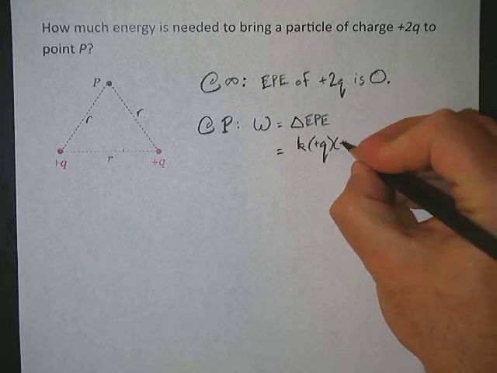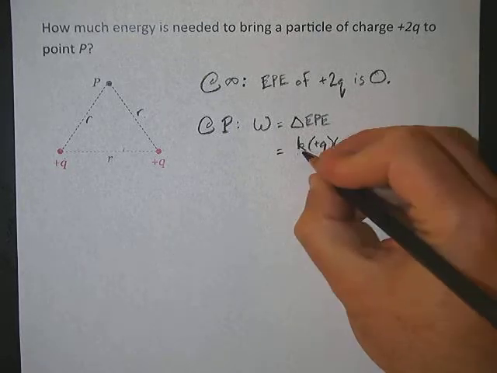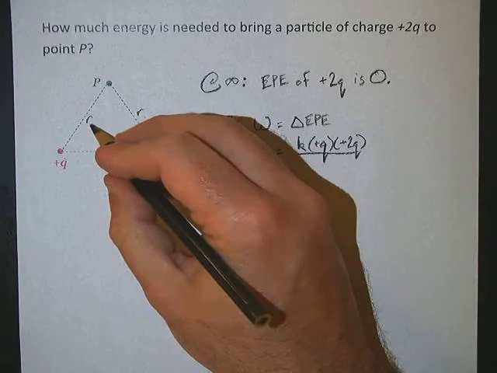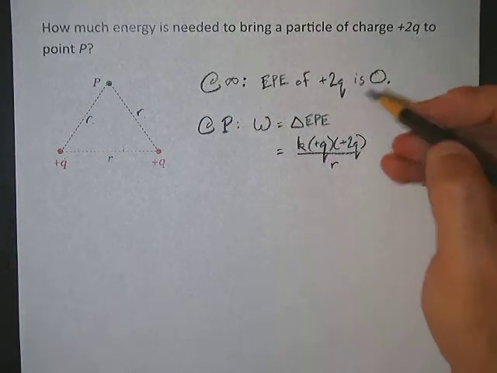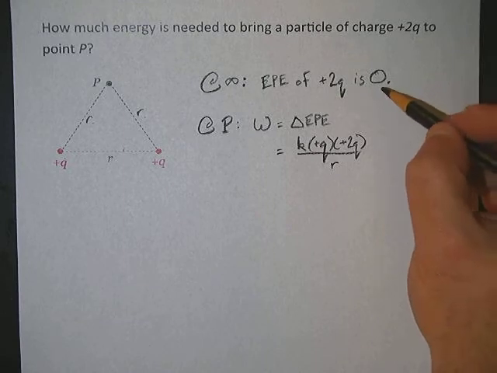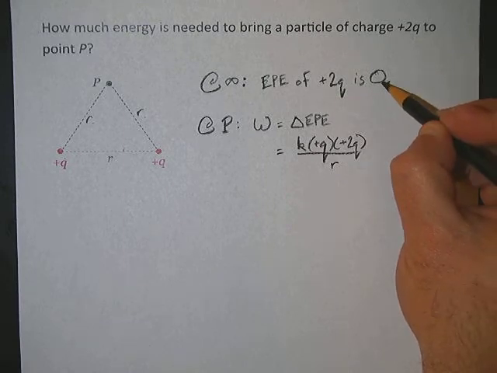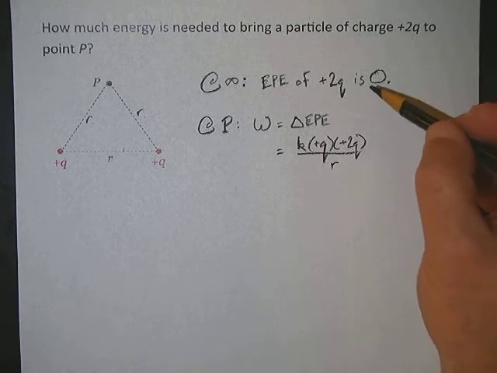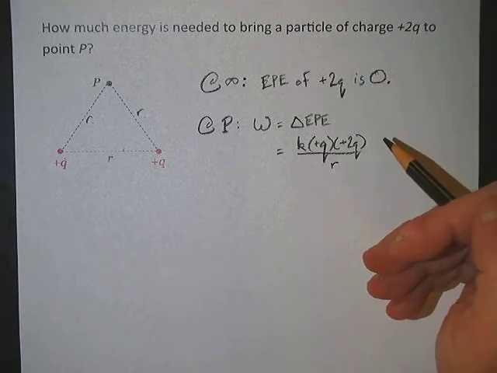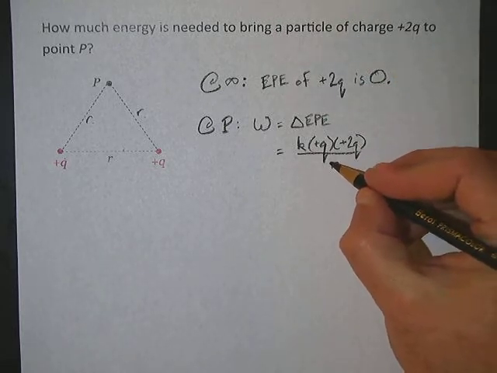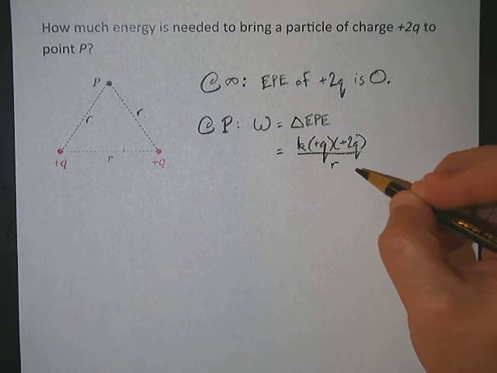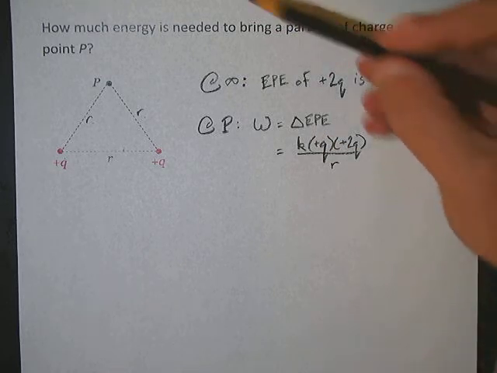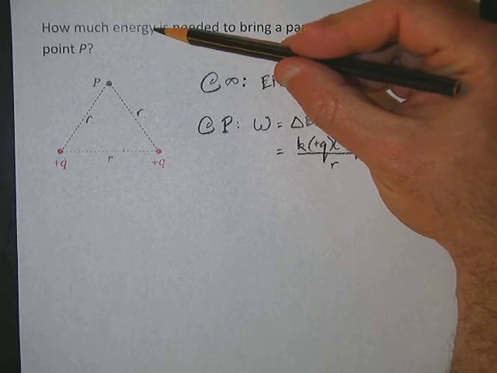So this is plus q and plus 2q divided by the final distance. Okay, so because we're choosing infinity as our 0 mark, and because we're bringing them together, the amount of work we do just depends on the final distance.